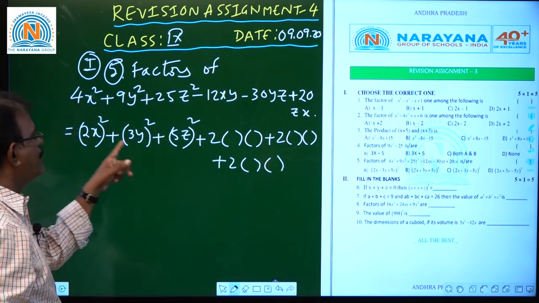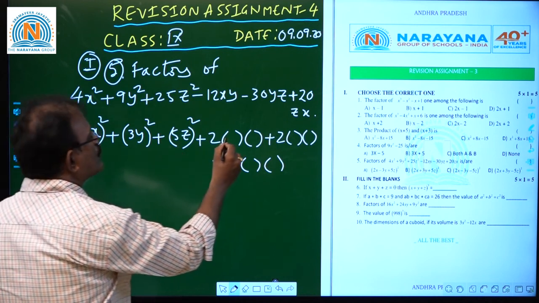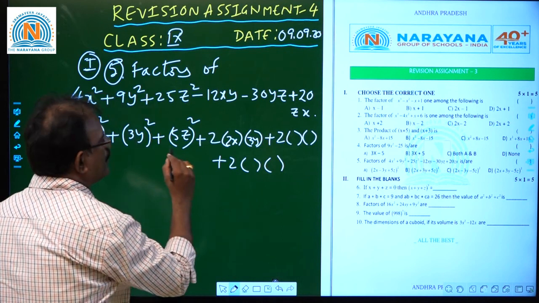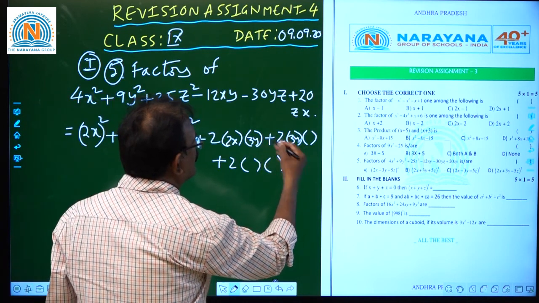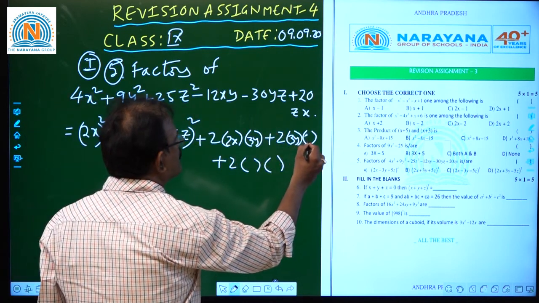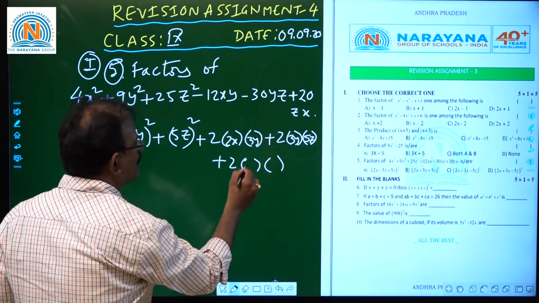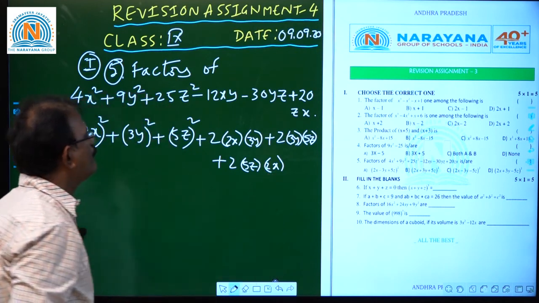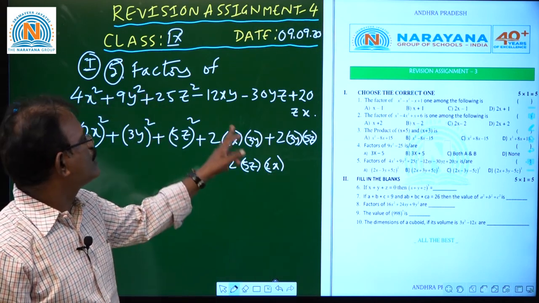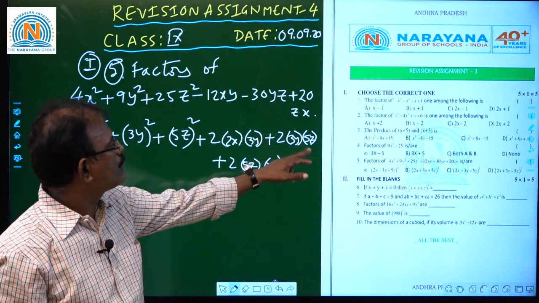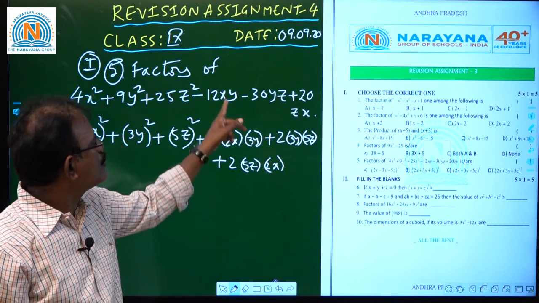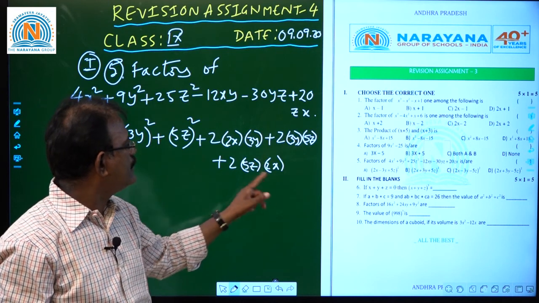Now this is a, b, c. a means 2x, b means 3y, c means 5z. If you verify, 2 2s are 4, 4 3s are 12, 2 3s are 6, 6 5s are 30, 2 5s are 10, 10 2s are 20, x into y, y into z, z into x.